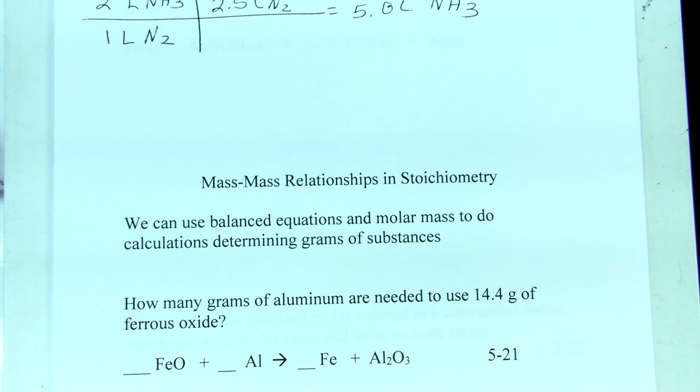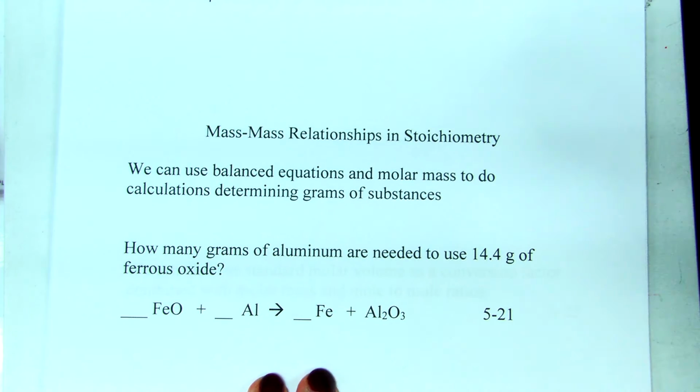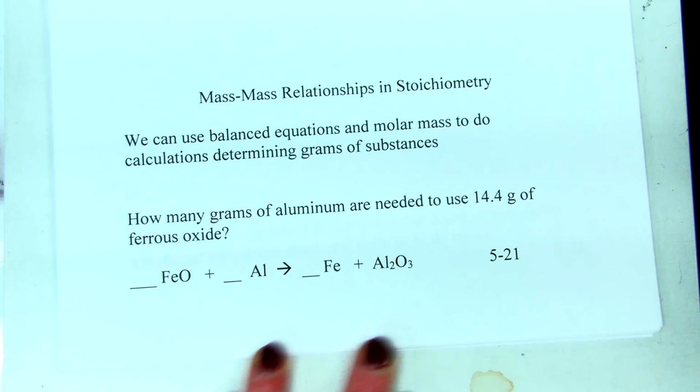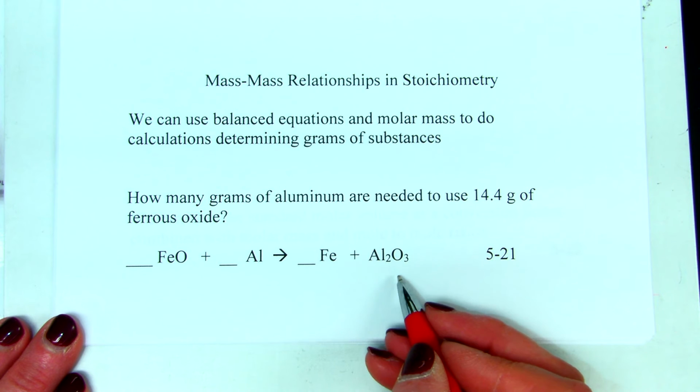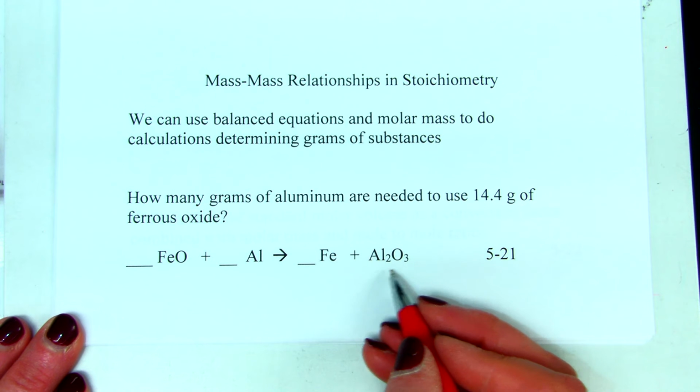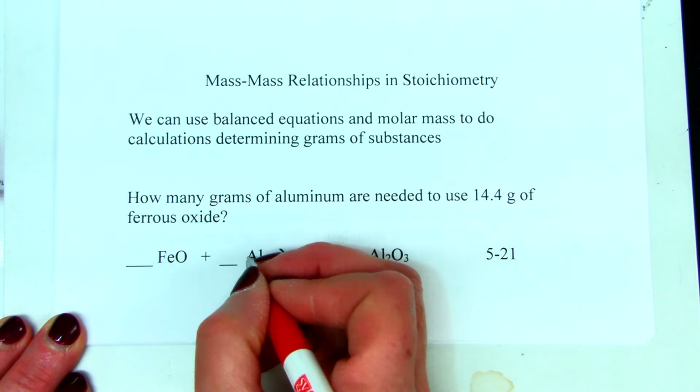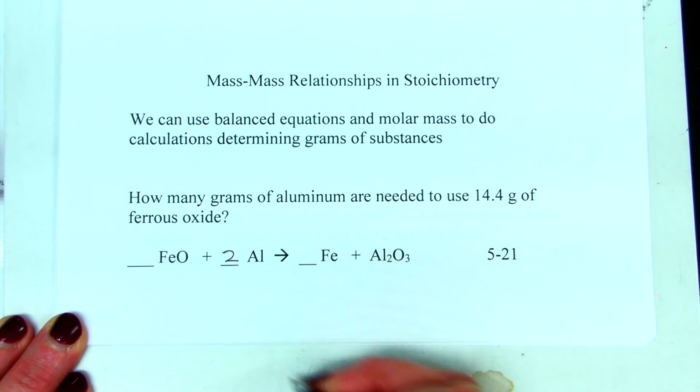How many grams of aluminum are needed to use 14.4 grams of ferrous oxide or iron 2 oxide? Okay, we look at this equation, and what is the first thing you've learned to do? Balance the equation. So we look at this, it is not balanced. I start with the most complex thing, the aluminum oxide. 2 aluminums, only 1 here. 2 aluminums.